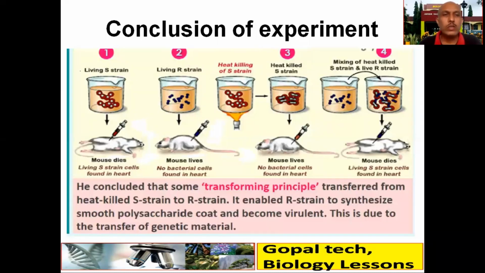See, he concluded that some transforming principle transferred from a heat killed S strain to R strain. It enabled the R strain to synthesize the smooth polysaccharide coat and become virulent. This is due to the transfer of genetic material. So in this way also you can explain.